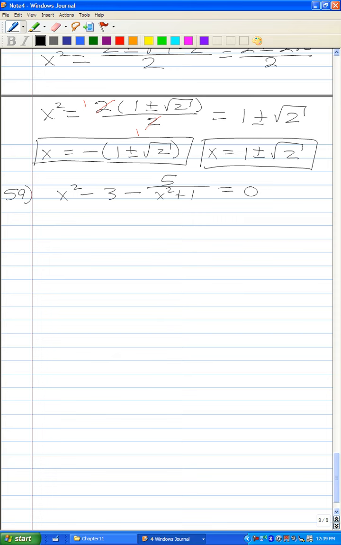Let me multiply both sides of my equation by x squared plus 1. And so let me multiply the x squared inside the x squared plus 1 times each of these. So I get x squared times x squared is x to the fourth. Then I get 1x squared minus 3x squared is minus 2x squared, minus 3 minus, well, the x squared plus 1's cancel, so you get minus 5 equals 0.